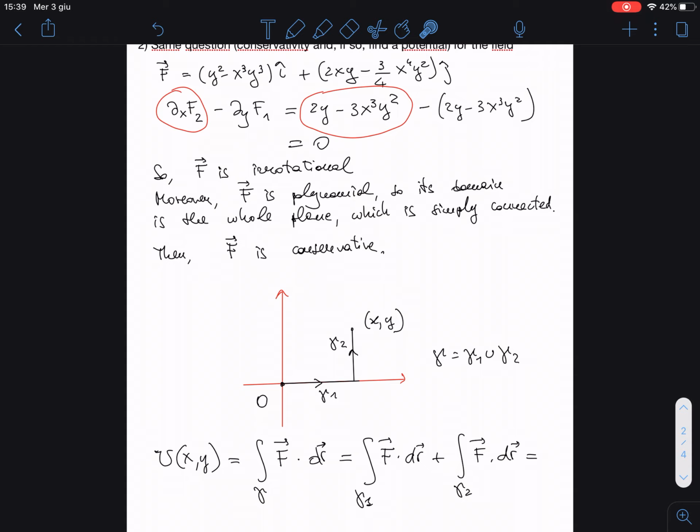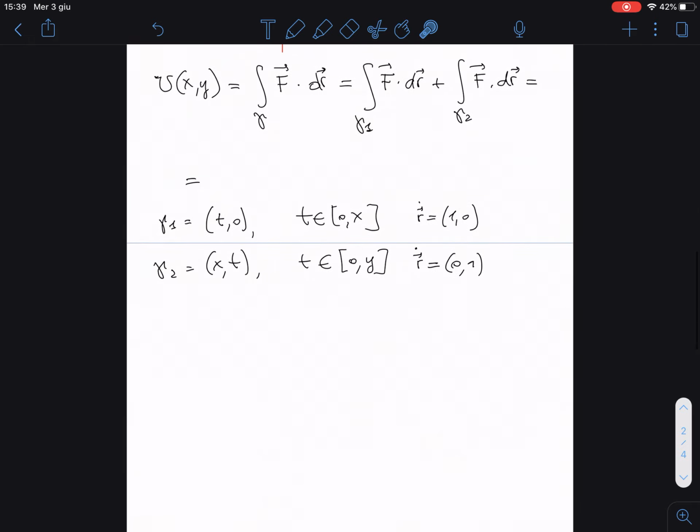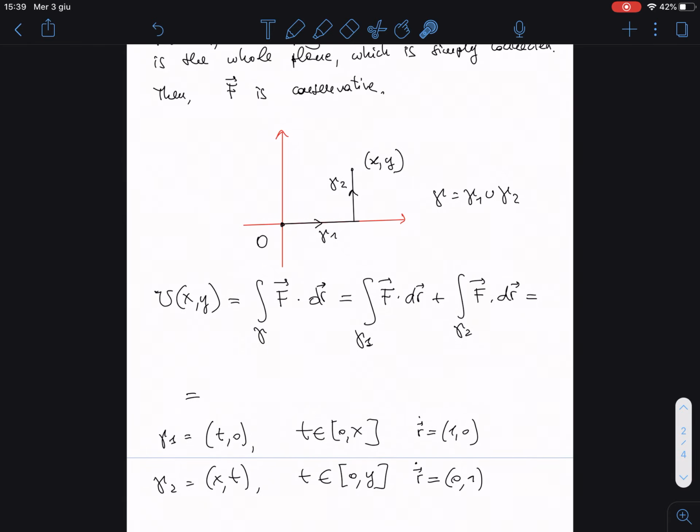This sort of miracle happens quite often with the fields we are giving you for exercises. So it is not a lucky circumstance we met now. It is almost always like that. When we split the path in this way, usually the first step gives you 0.